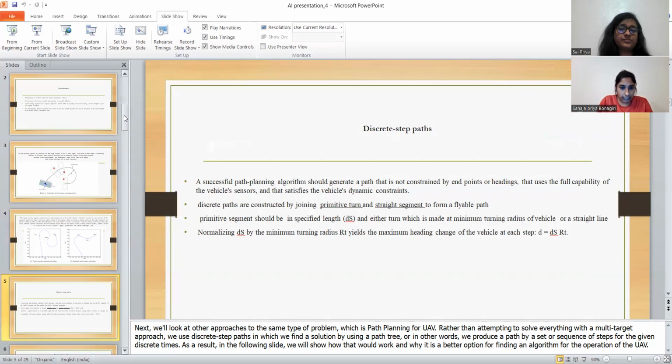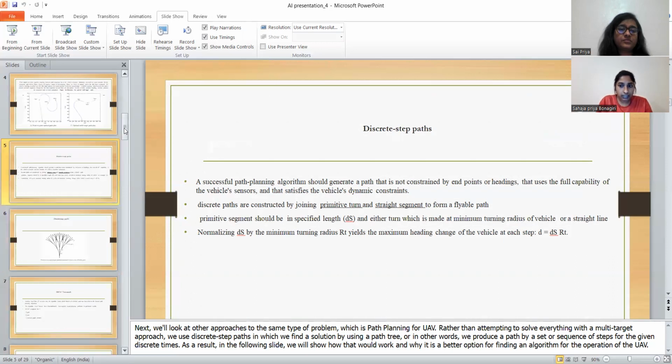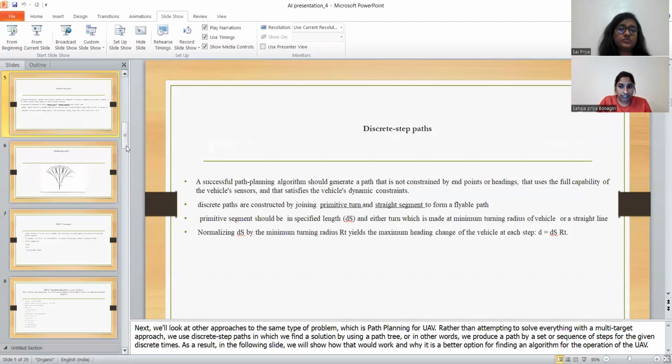Coming to discrete step paths, a successful route planning algorithm should provide a path that is not constrained by endpoints or headings, that makes full use of vehicle sensors, and that fulfills the vehicle dynamic restrictions. These capabilities can be supplied via discrete step pathways, which are constructed by joining simple turn and straight segments to build a flyable path.